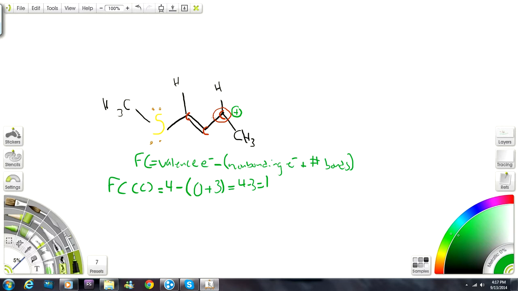Now, why is that the case? Carbon's valency is 4, which means it likes to bond 4 times. And since it's only got 3, that's why it's got a positive charge with it, because it's not in its normal type of bonding situation.